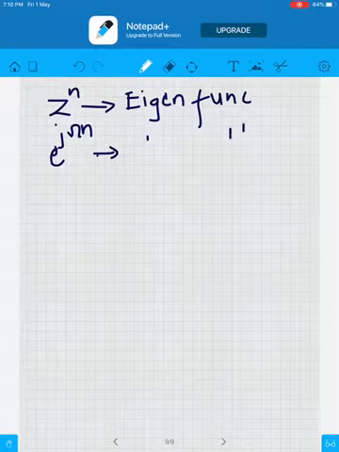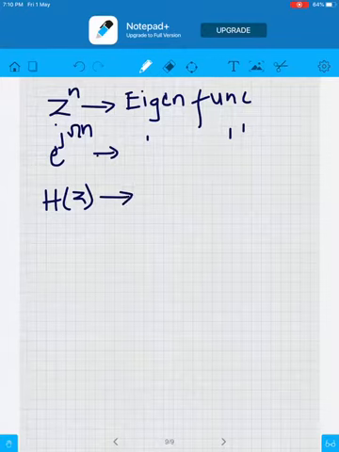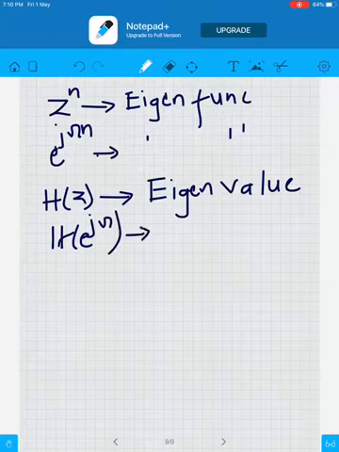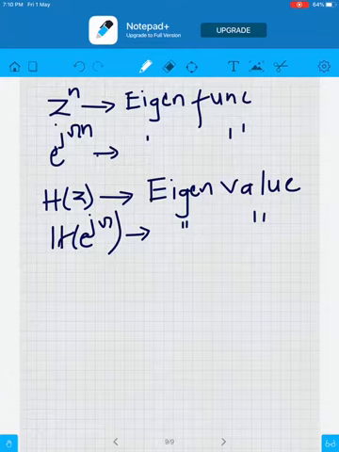For specific values of z, H of z is called the eigenvalue of the LTI system, and similarly H of e power j omega is also called the eigenvalue of this LTI system for specific values of omega.